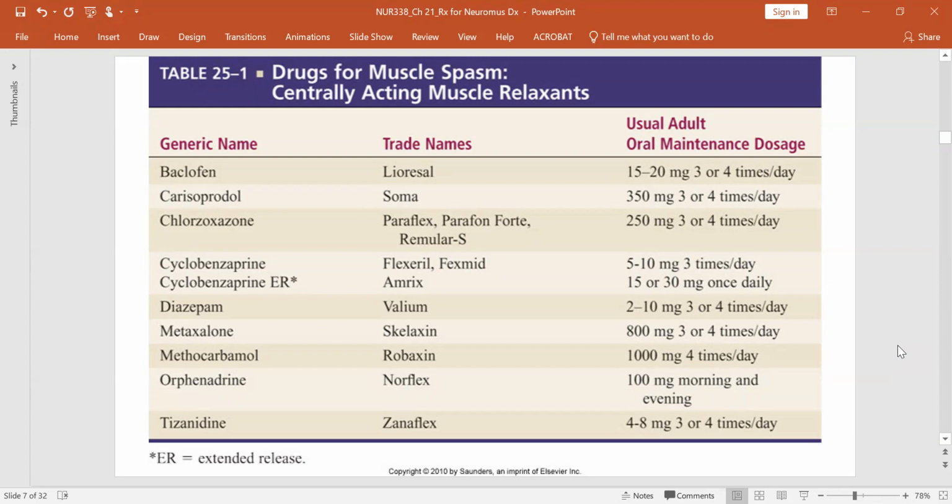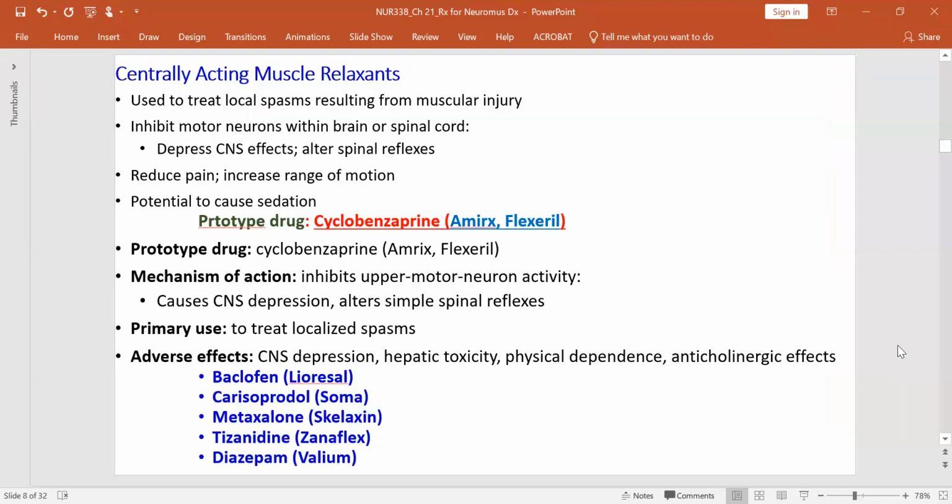And the last one is tizanidine, Zanaflex, also a very effective and widely used muscle relaxant. So we have the first group, which is the centrally acting muscle relaxants.